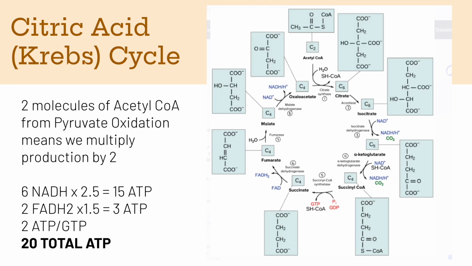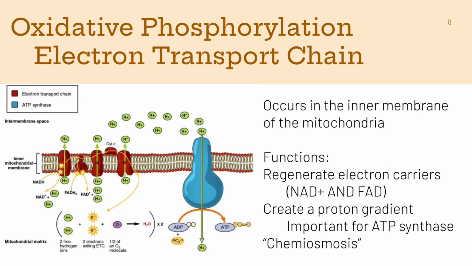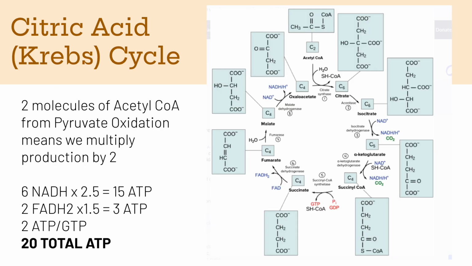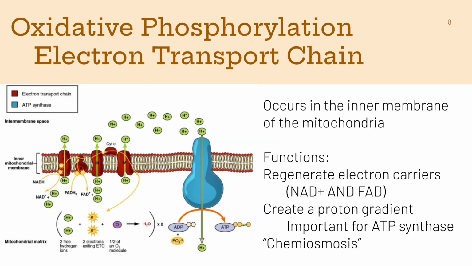All right, so moving through this process, as we look at oxidative phosphorylation, this takes place in the inner membrane of the mitochondria, and so a couple of those NADH and FADH2 molecules that we pick up during the Krebs cycle are going to share their electrons here.